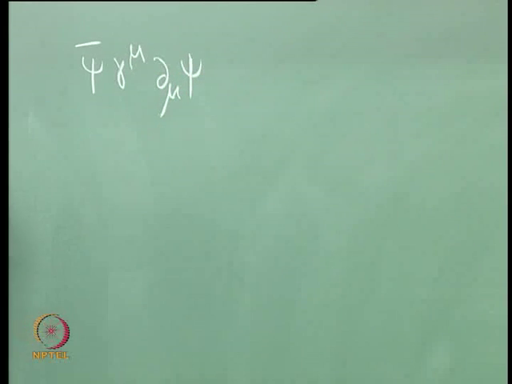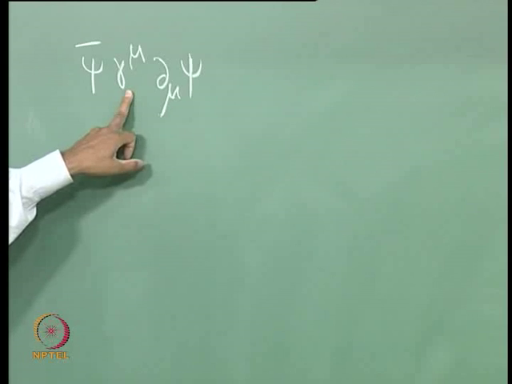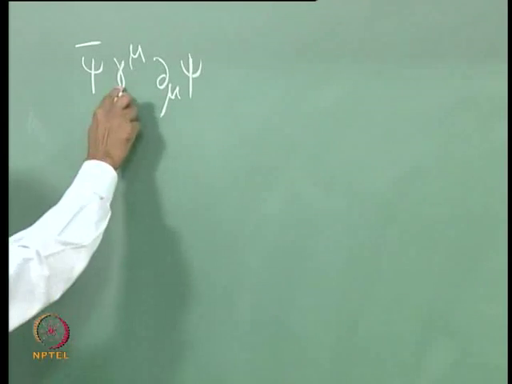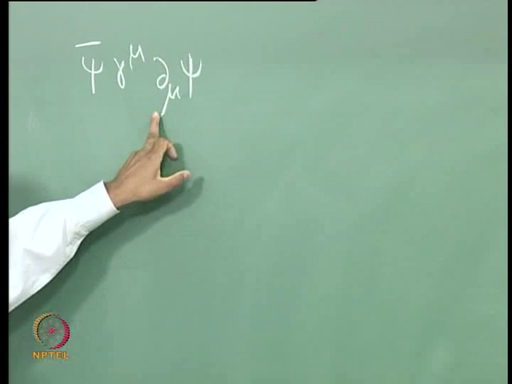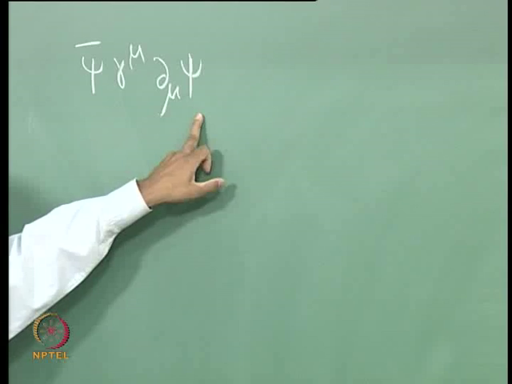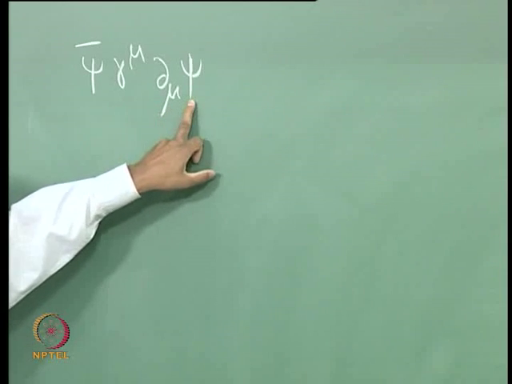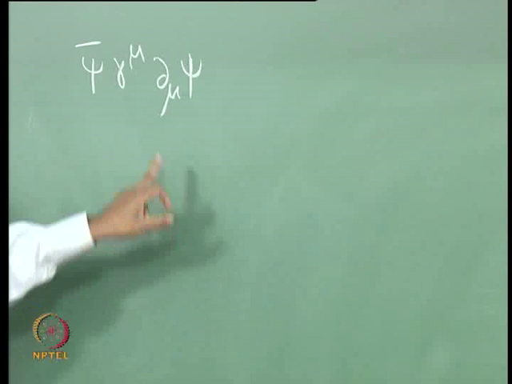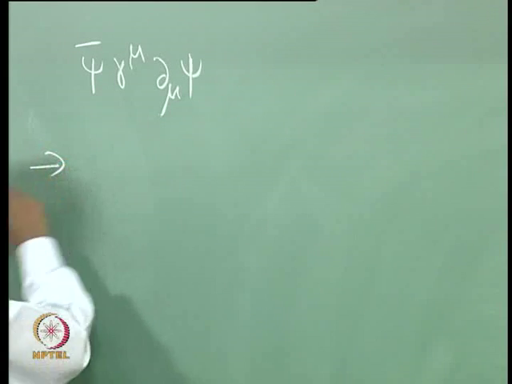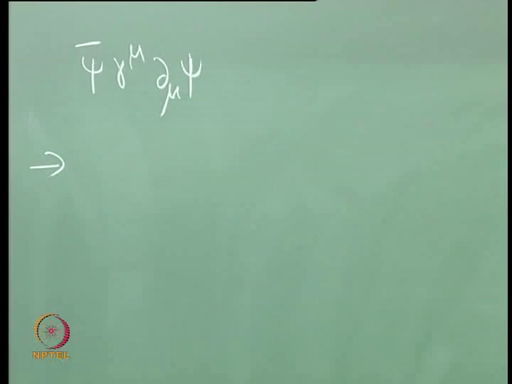This quantity here, as you know, psi bar gamma mu psi, if this del mu was not there, would have transformed like a vector, but we wanted to have one derivative of the field psi. So, we have inserted this del mu psi here, and then we can show that this quantity in fact is invariant under Lorentz transformation.